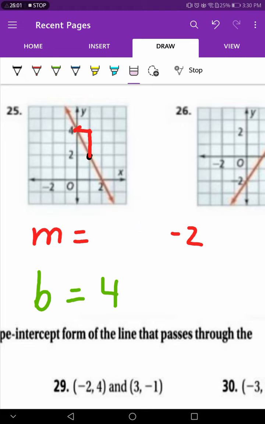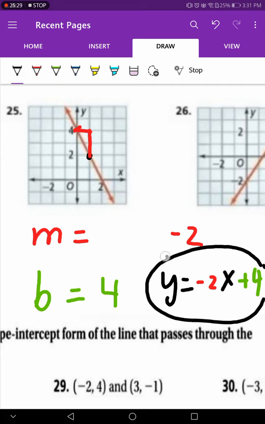Now I will write the equation, which is y = mx + b. I erase the m and write negative 2, and I erase the b and write 4. So y = -2x + 4 is the equation for this straight line or this graph.